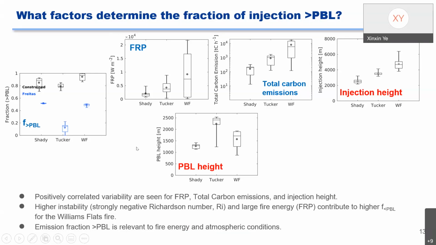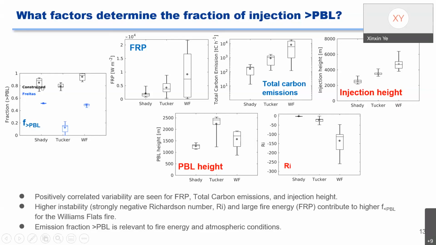We also examined the environment variables such as the PBL height and the Richardson number. We can see that the Richardson number shows some relationship with the fraction of injection, as the Williams Flats fire is showing the largest value of fraction of injection. It can be explained by the strongly negative Richardson number, which indicates the very unstable stratification for this case.